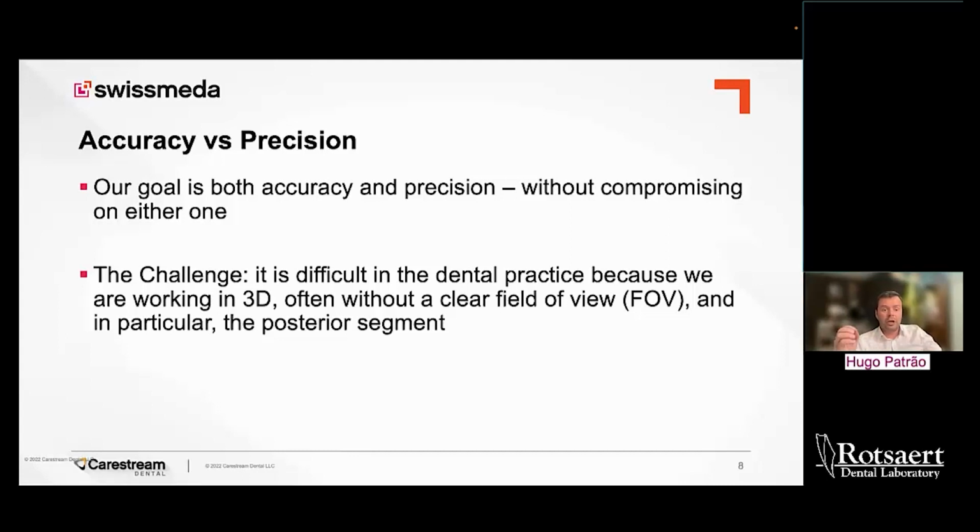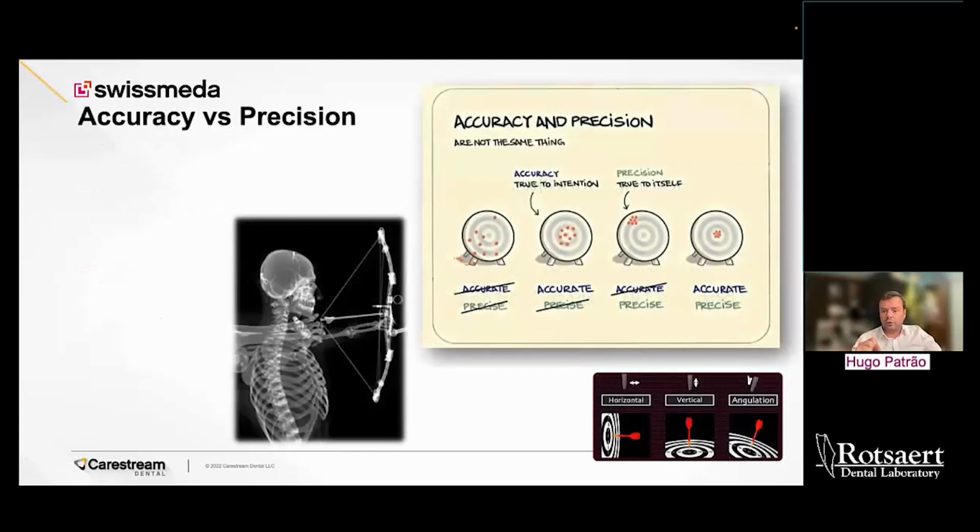Our goal is to achieve both. Accuracy is being true to the intention, while precision is being true to itself. So what we want is to be accurate and precise, because someone can be very precise at getting things off or wrong all the time. So you are really precise, but not true to the intention.